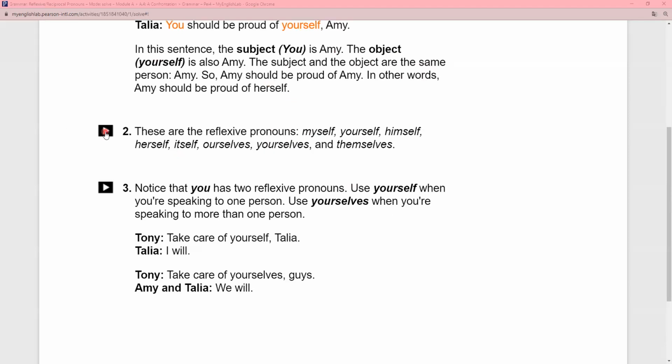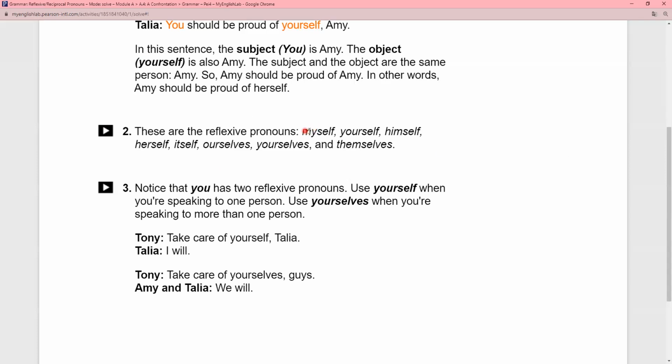Let's continue with number 2. Remember, we have 8 reflexive pronouns. These are the reflexive pronouns: myself, yourself, himself, herself, itself, ourselves, yourselves, and themselves.